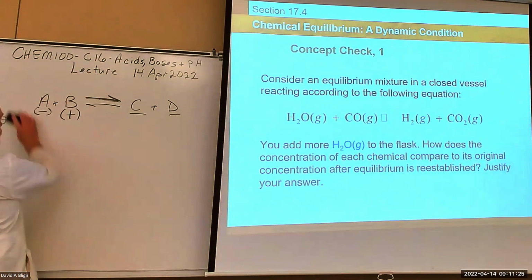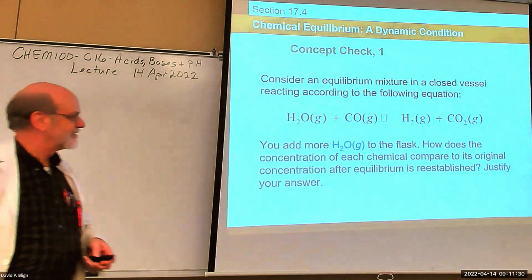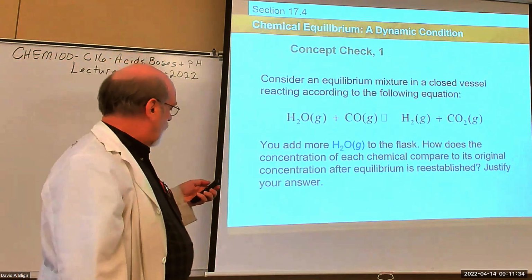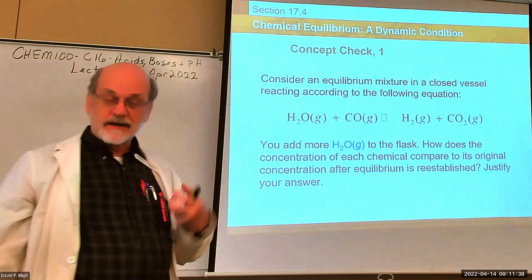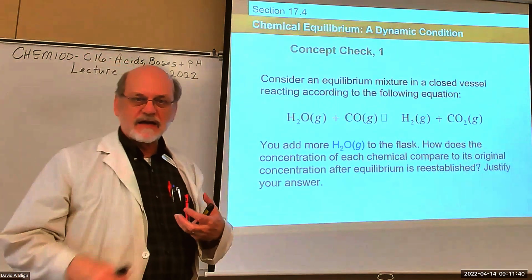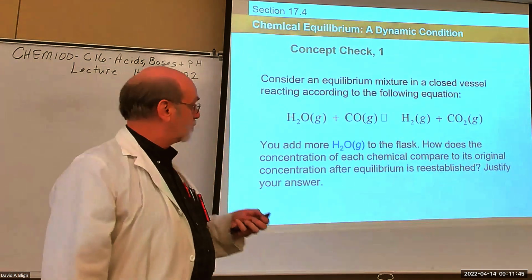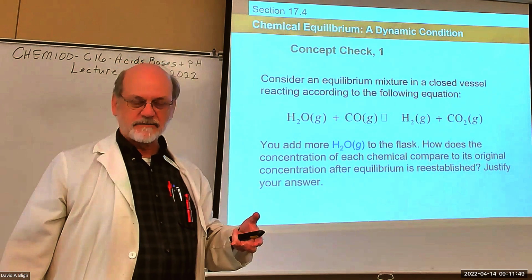Okay, so here's a real world example. Suppose we put these gases, water and carbon monoxide, in a closed container and create the conditions where they react with one another. They will produce hydrogen gas and carbon dioxide gas.